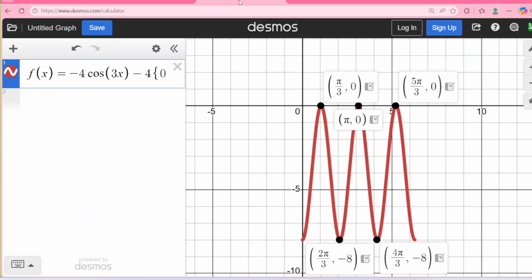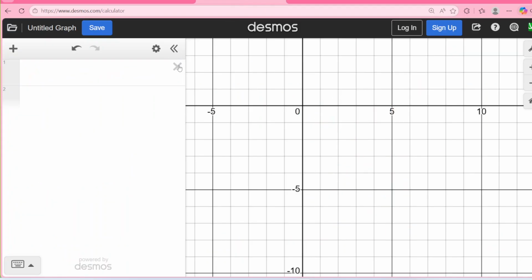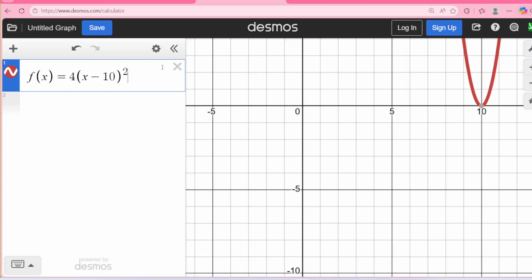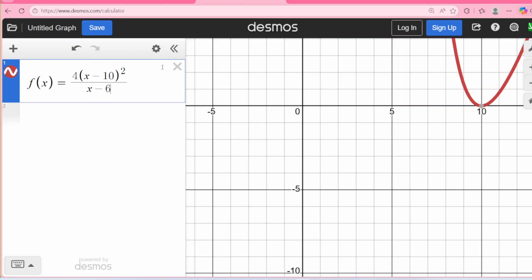Now let's take a look at a graph here. I actually want to verify this. So here was the function we were given, right? f of x equals 4 times the quantity x minus 10 squared in the numerator and x minus 6 in the denominator.